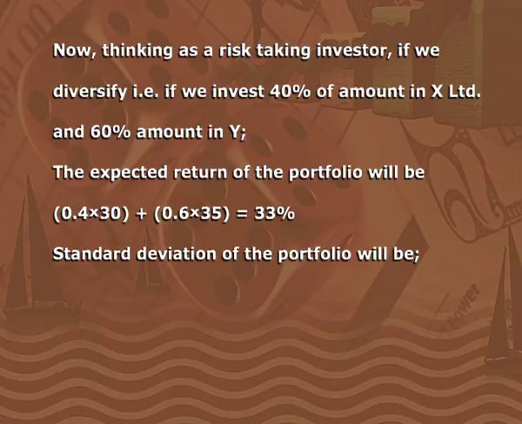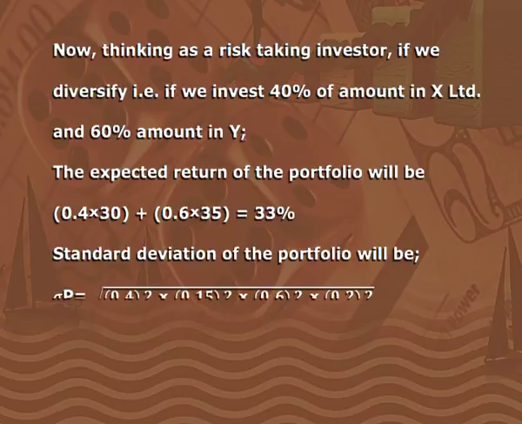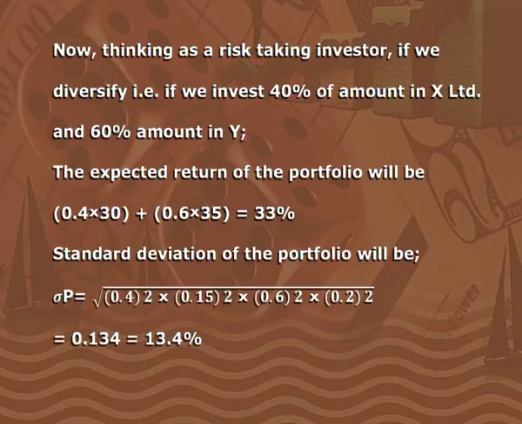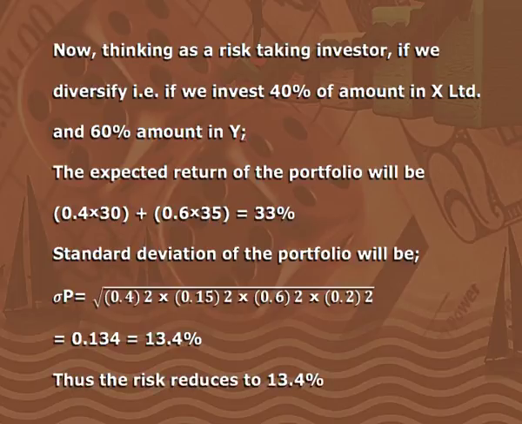The standard deviation of the portfolio will be: standard deviation P is equal to the square root of (0.4)² multiplied by (0.15)² plus (0.6)² multiplied by (0.2)², which gives us the standard deviation of 13.4%. This means that the risk is reduced to 13.4%.